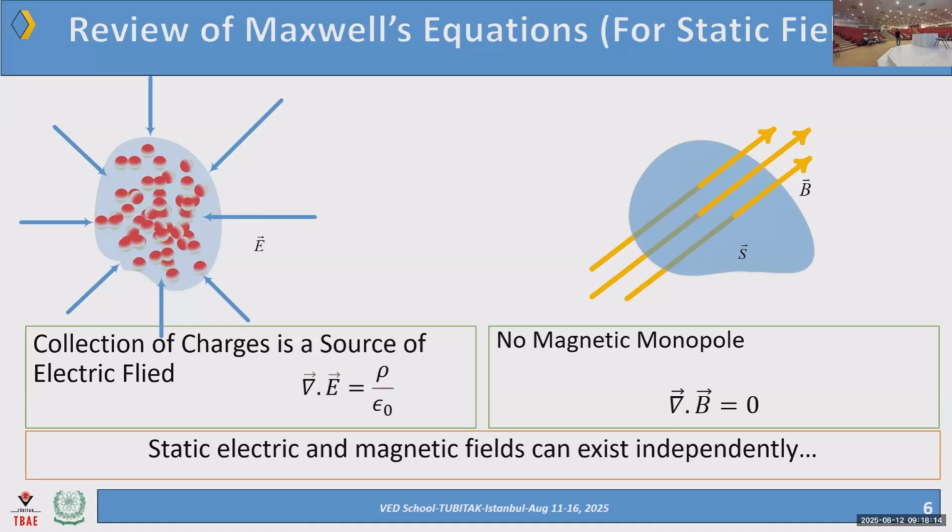You cannot have monopoles. So basically, these are static fields. Static electric and magnetic fields have a very peculiar character that they can exist independently. I mean, you can have an electric field and a magnetic field, provided they're not time varying. They should be existing independent of one another. For example, we use this in electron guns.